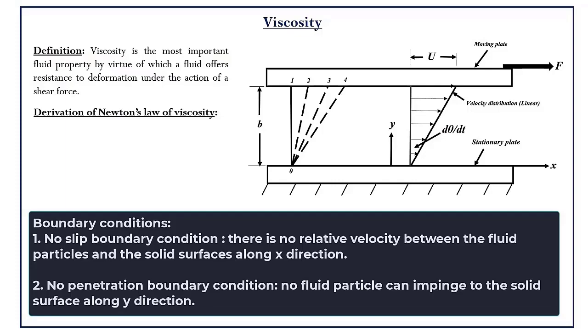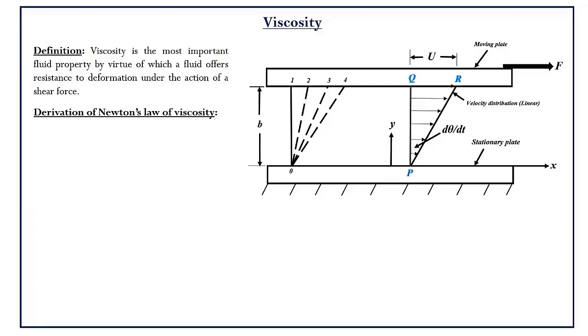Now, for this linear type of velocity distribution, we get a triangle PQR, where angle PQR is equal to 90 degrees and angle QPR is equal to d theta by dt. Because in case of a fluid, as long as the shear force acts on a fluid element, the fluid element continues to deform. Therefore, the angular deformation is considered here in radians.